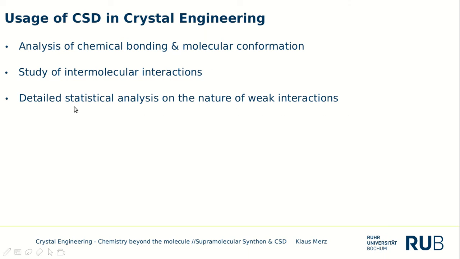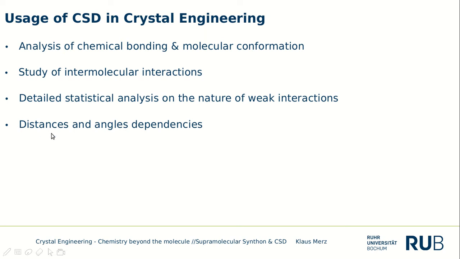Statistics, very important. If you look at weak interactions, it's always important to compare your observation with well-known crystal structures, and have a look if in the other well-known crystal structures we also find weak interactions.